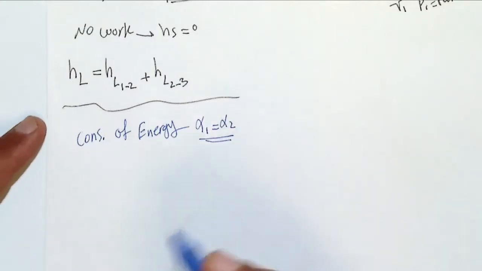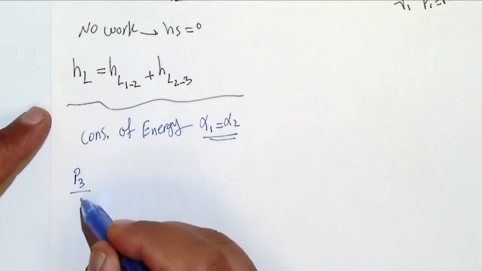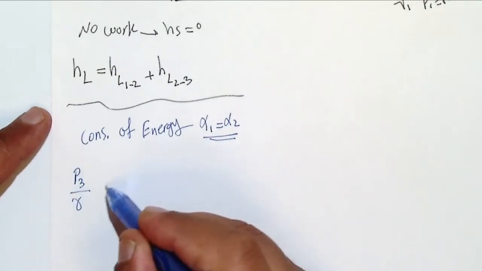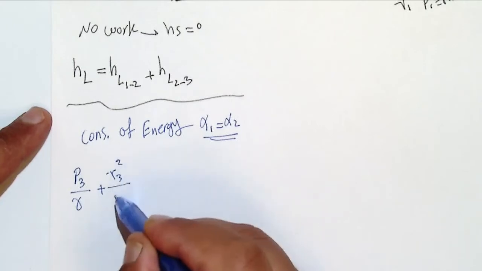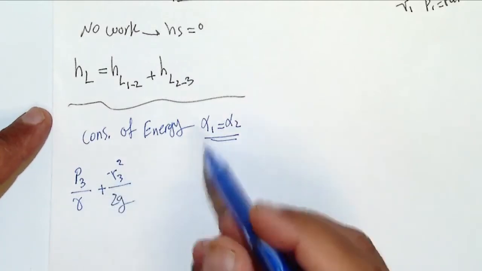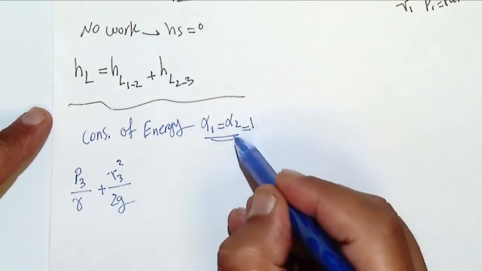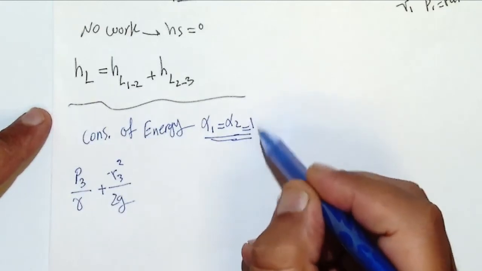Okay, so if you write down the equation and get rid of the terms that you don't know or those that are zero, the energy equation is going to be over 2g. So alphas are the same and equal to 1. I cannot cancel these two out, but I can assume these are 1.